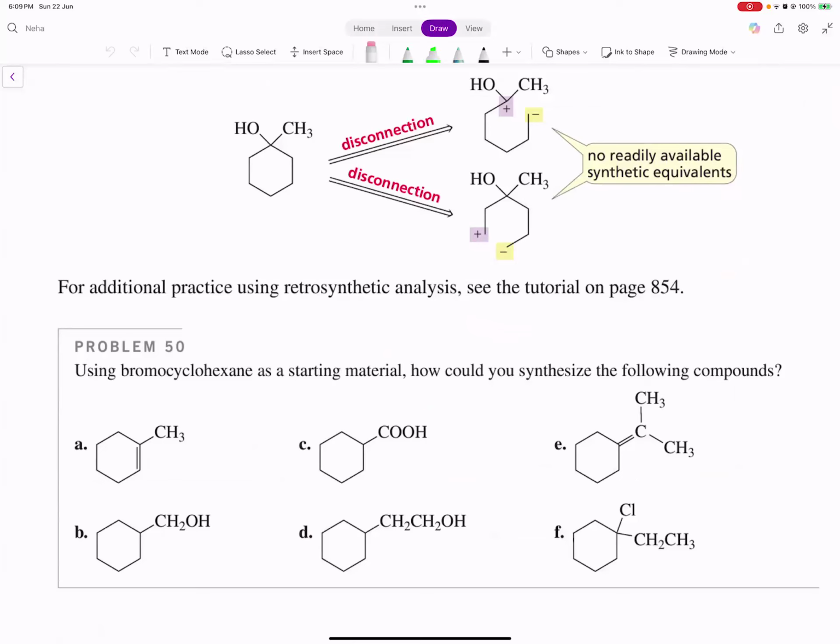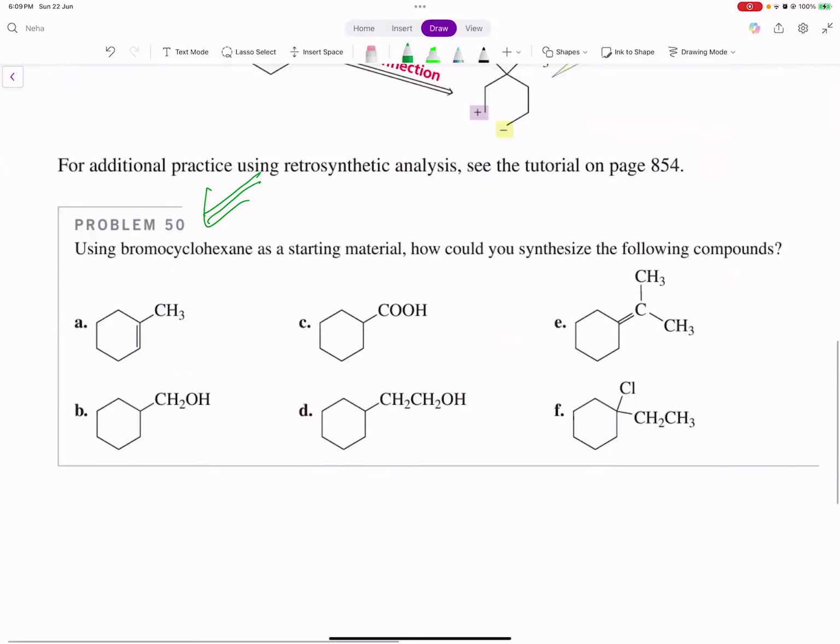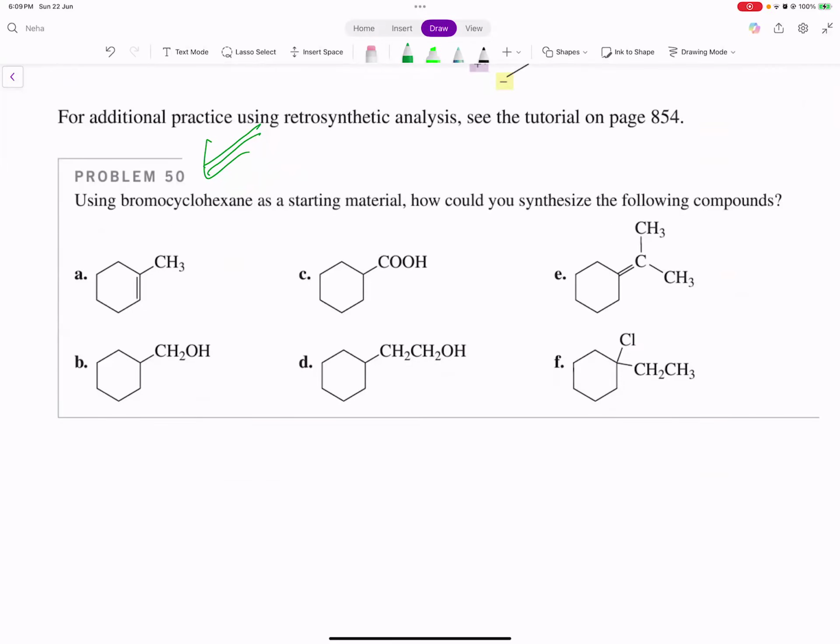Using bromocyclohexane, let's do this. Bromocyclohexane is the starting material. How can you synthesize this? So tell me, how will you synthesize the first one? How will you think about it? We can get this after hydrolyzing.